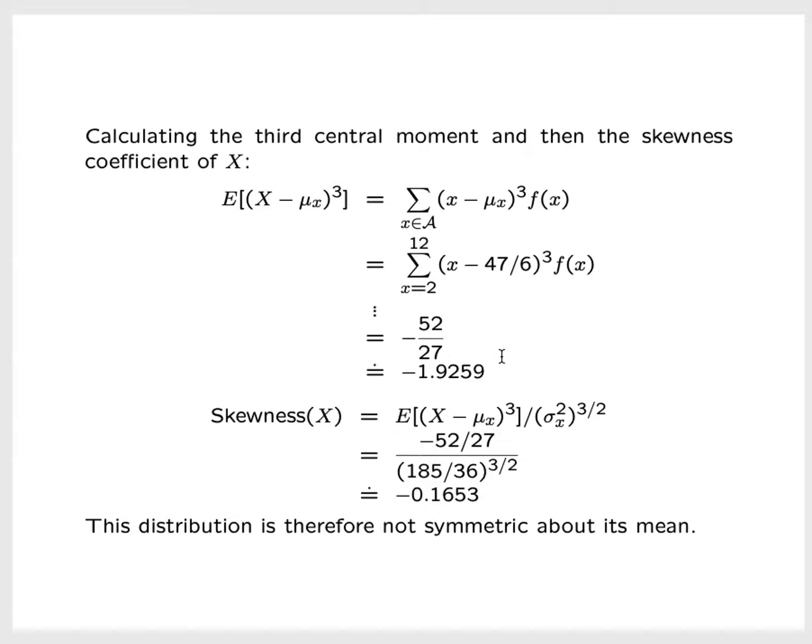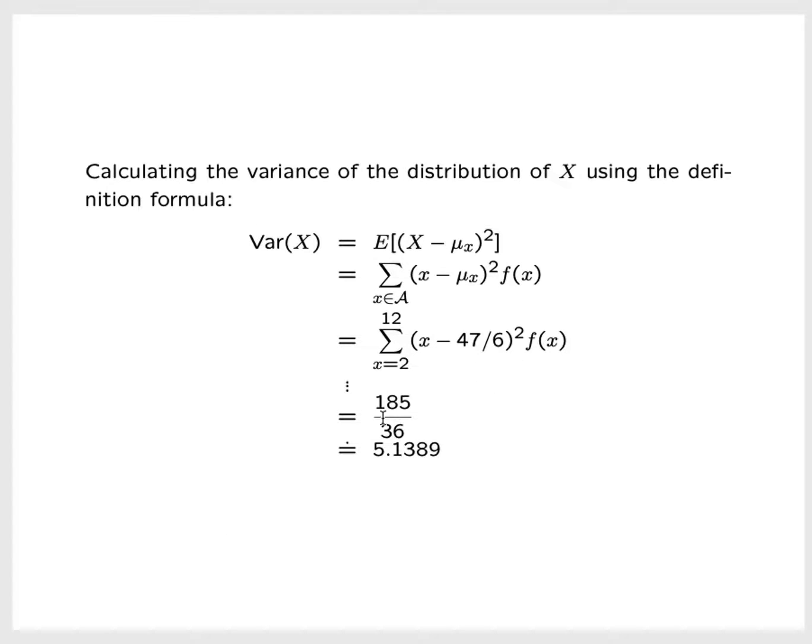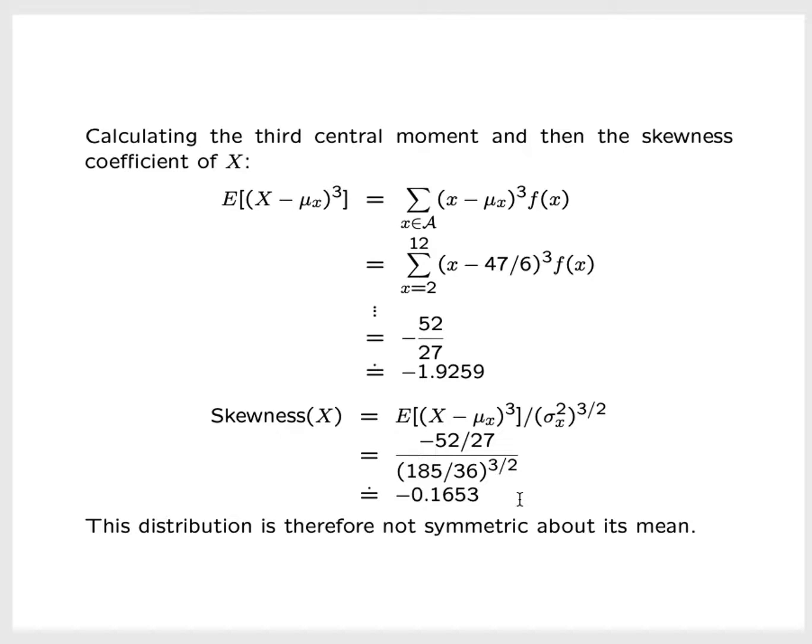But we're going to calculate the skewness coefficient to get rid of the units in this measure. So the third central moment is negative 1.9259. To get the skewness coefficient, we divide that by the variance raised to the 3/2 power. And so when we do that, we get a skewness coefficient of negative 0.1653.